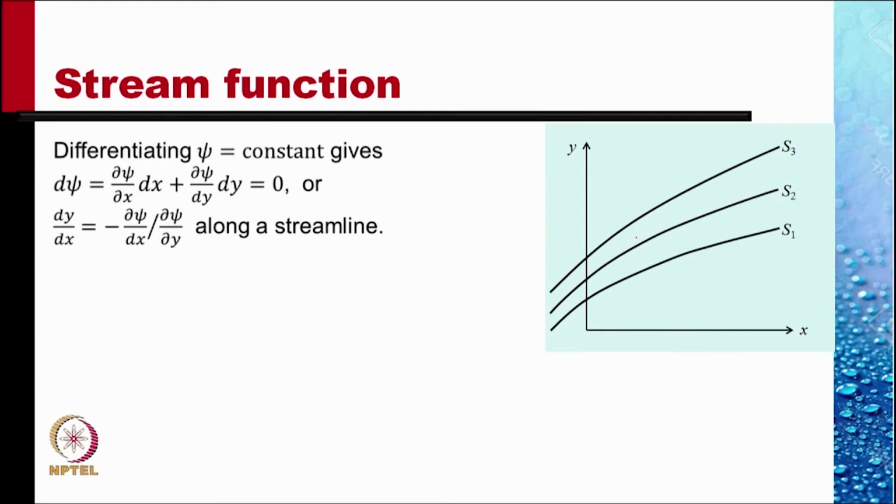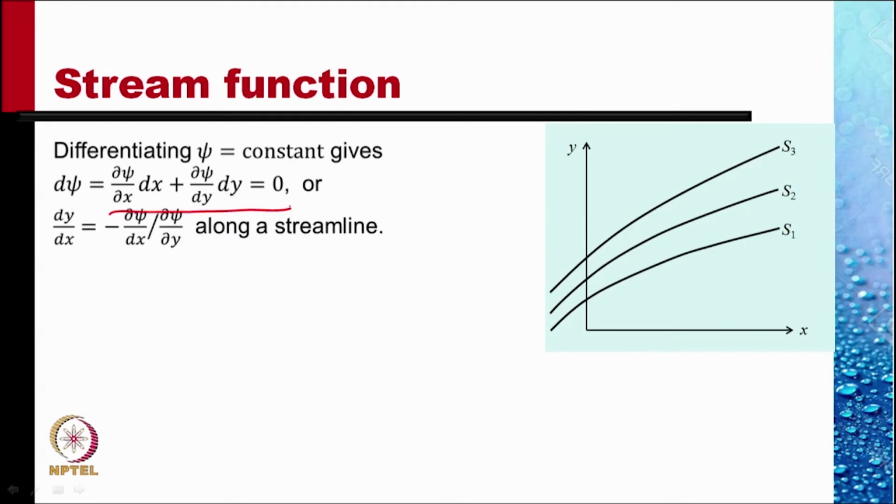We can obtain these equations by formal mathematics also. Differentiating ψ equal to constant gives you dψ equal to ∂ψ/∂x dx plus ∂ψ/∂y dy equal to 0, or dy/dx is equal to minus ∂ψ/∂x divided by ∂ψ/∂y along a streamline, because ψ is constant.